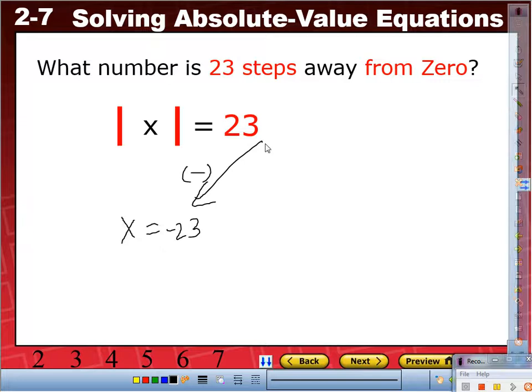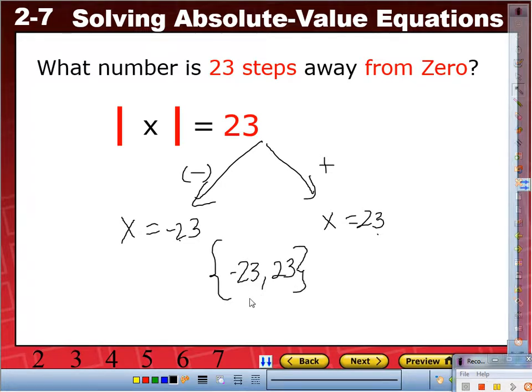X. And the other one has to be a positive, so this is 23. What's inside the absolute value? X. So what numbers should x be? Negative 23 or 23. So my solution set is negative 23 and 23. So far, so good? Kind of, sort of?